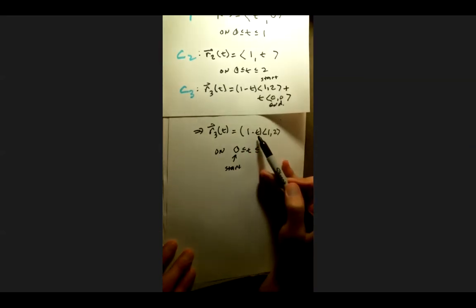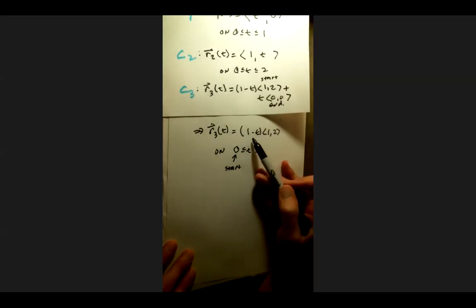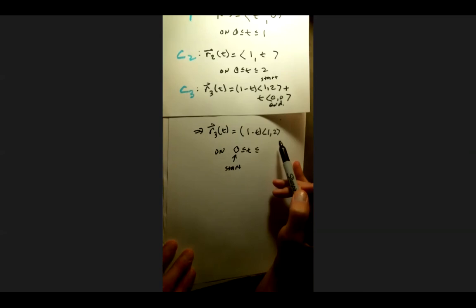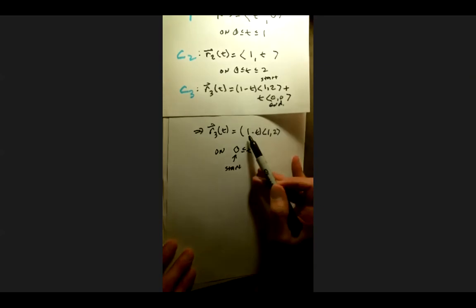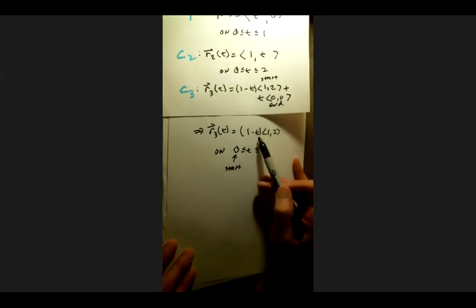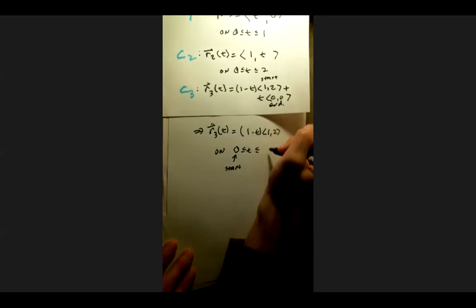And if t equals 1, this whole thing would evaluate to 1 minus 1, which is 0, which is our ending point.